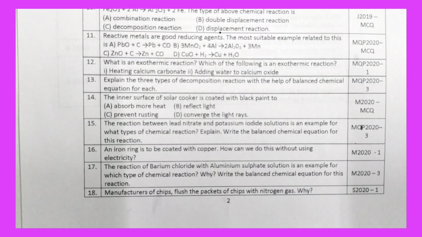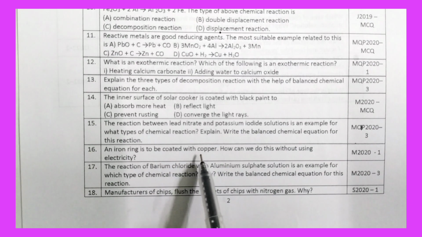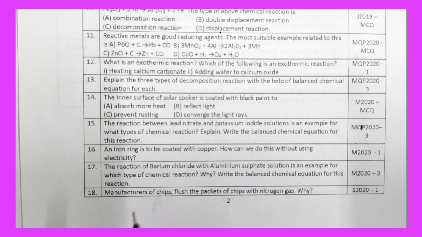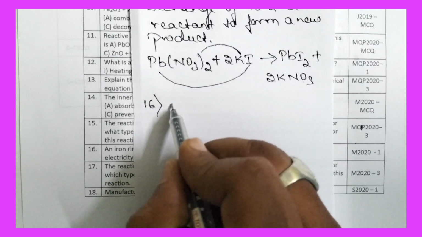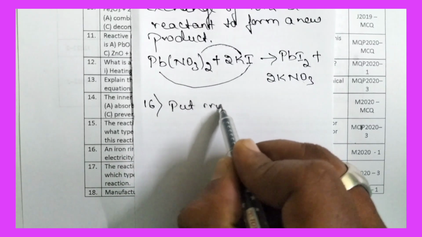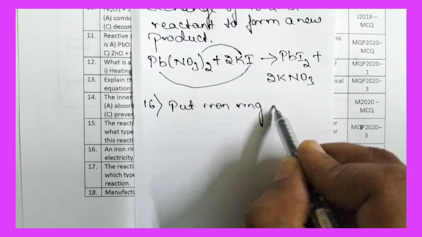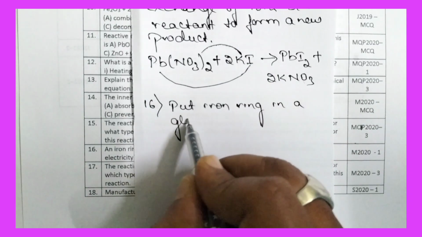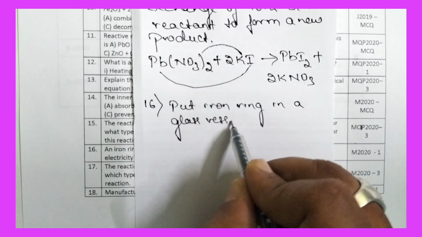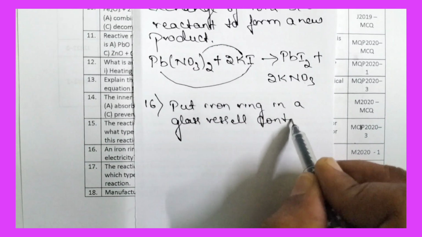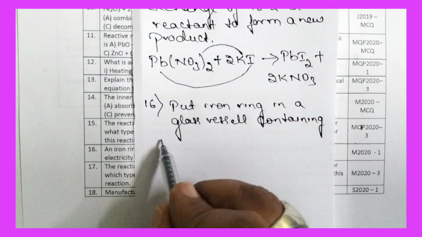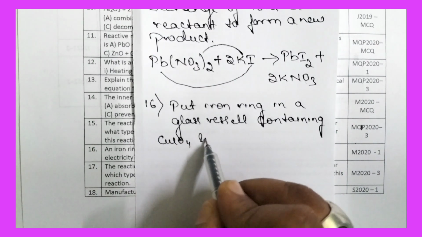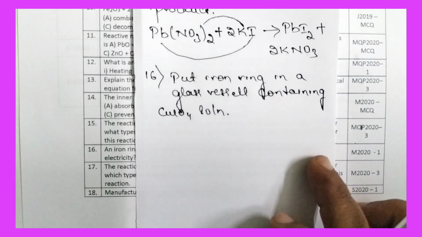So the 16th question is, an iron ring is coated with copper. How can we do this without using electricity? ಅಂತ ಕೇಳಿದ್ದಾರೆ. ಸೊ ಅದಕ್ಕೆ ಏನು ಮಾಡೋಣ? Put iron ring in a glass containing copper sulfate solution.